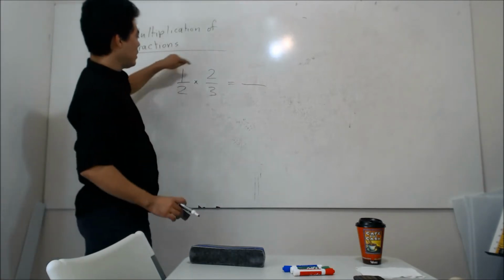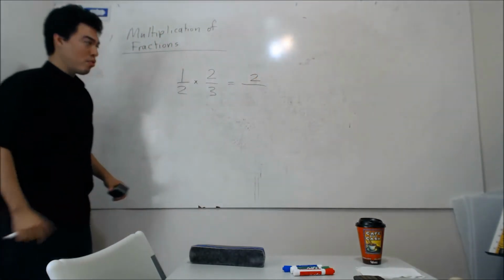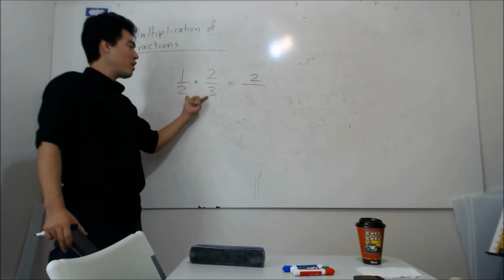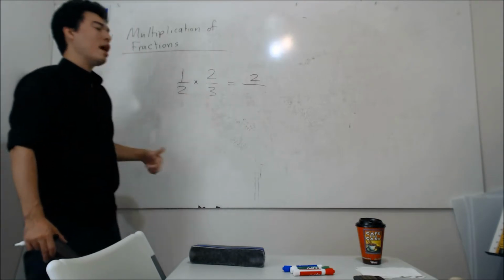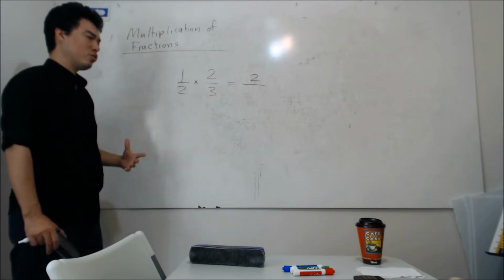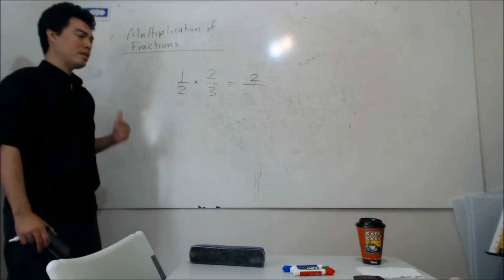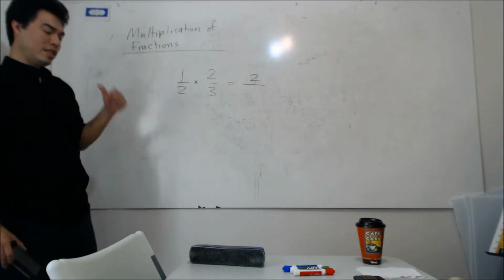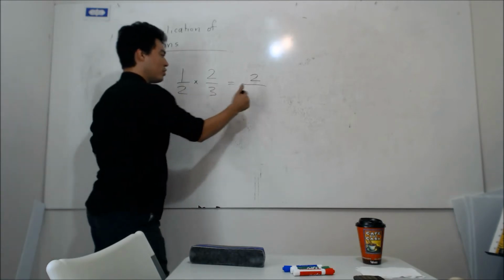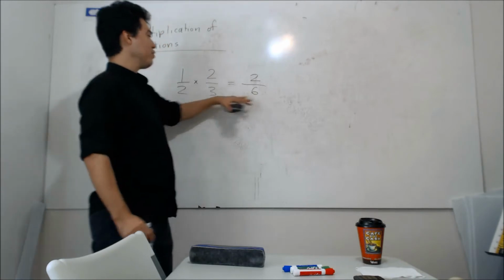In other words, 1 times 2 is 2, and the denominator of the product will be the product of the 2 denominators of the fractions being multiplied. I want you to try. I know that might be a big sentence to understand, but if you repeat it to yourself a couple of times, and I'm going to write it down in a moment, you're going to see that it's absolutely describing what I'm doing. So 2 times 3 equals 6. So this then is the product of these 2 fractions.